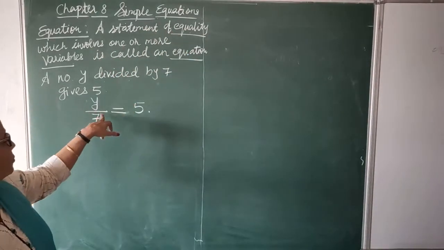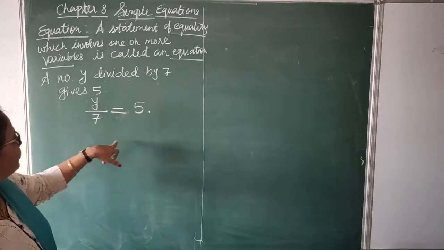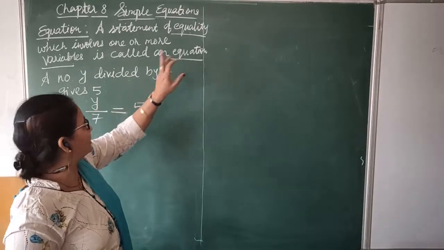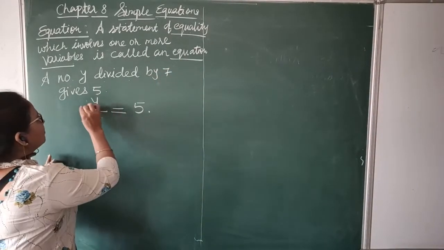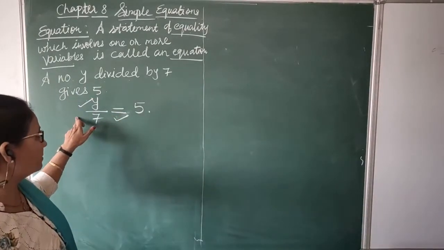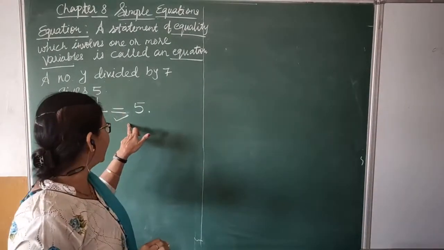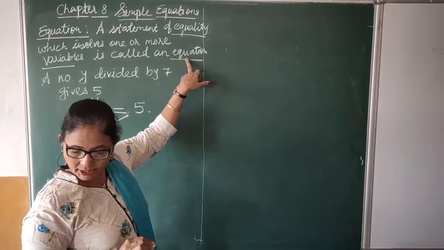So in this way you can see that here there is equal to sign. So this type of statement is called as equation. So in simple way, if an expression has a variable and an equal to sign, that type of expression, that type of statement is called an equation.